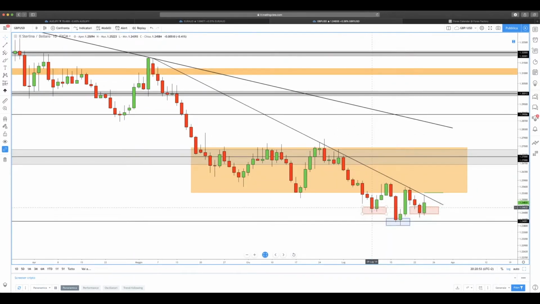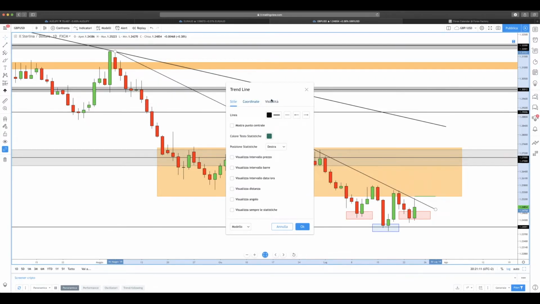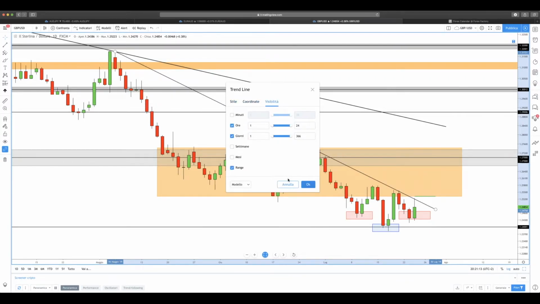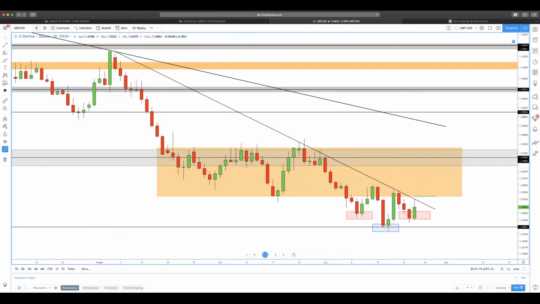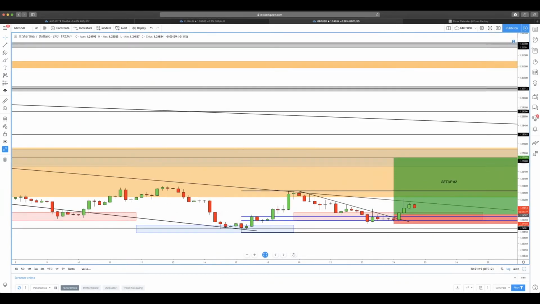We can see that the price here has formed a clear inverted head and shoulders, and the price this morning clearly touched this bearish trend line here on the daily time frame. So for this reason, we have to carefully watch the price action on the 4-hour time frame here.